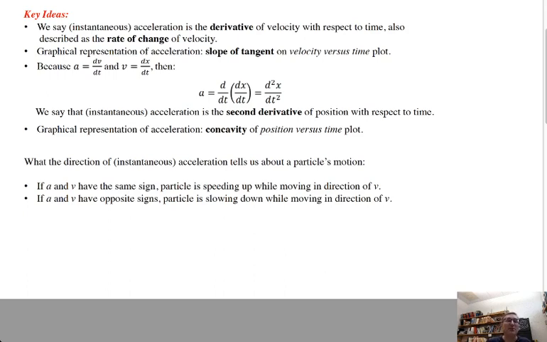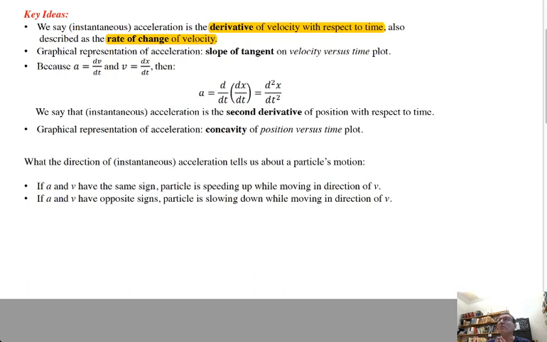Okay, so as I just mentioned, we say that instantaneous acceleration is the derivative of velocity with respect to time. But since a derivative measures what's called a rate of change, the derivative of the velocity is also called, for short, the rate of change of the velocity. So you'll hear physicists say that acceleration is the rate of change of velocity for a particle.